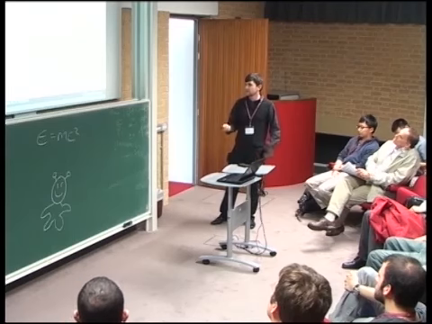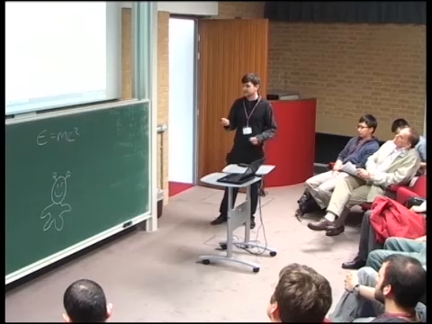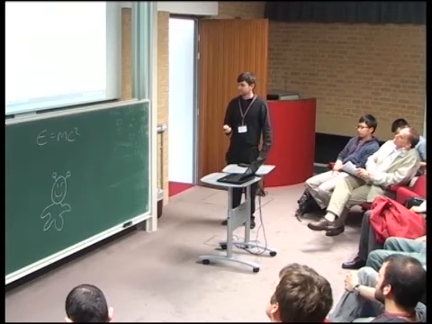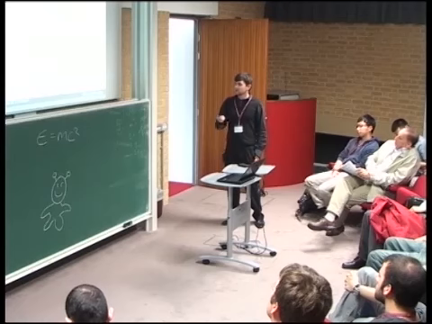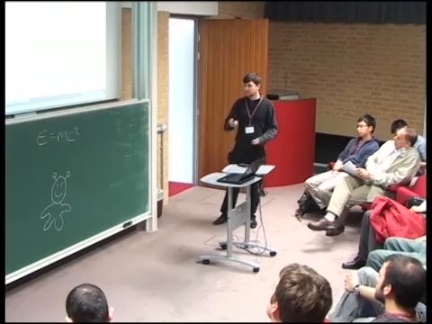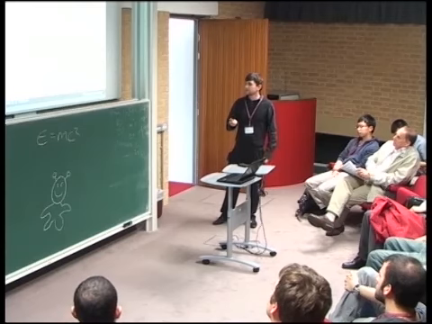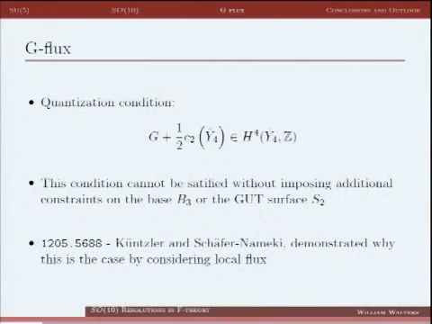But then last month, this paper showed that we would expect to get a G-flux that you can't quantize nicely without any additional constraints. And they showed it by looking at the local flux for a number of different gauge groups in a general case, and they showed for certain gauge groups, including SO10, it doesn't quantize nicely automatically.